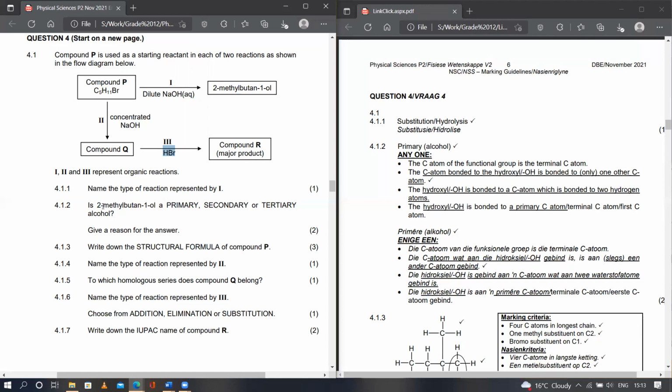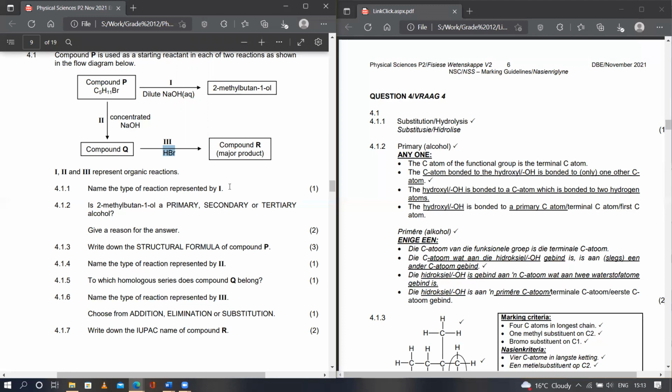So now the first thing they say, name the type of reaction represented by 1. So what I'm gonna do here is that you're gonna have a haloalkane and you're gonna dilute it into an alcohol. So if you look at it, this OH is gonna replace your bromine.